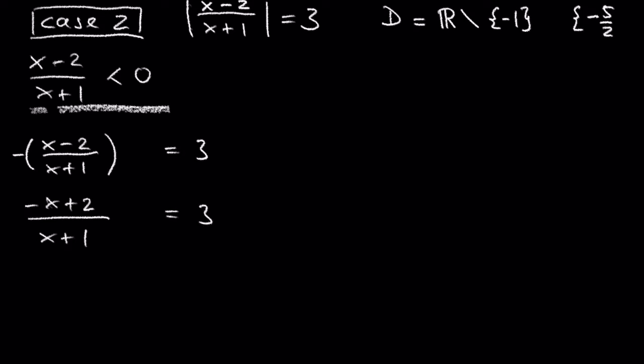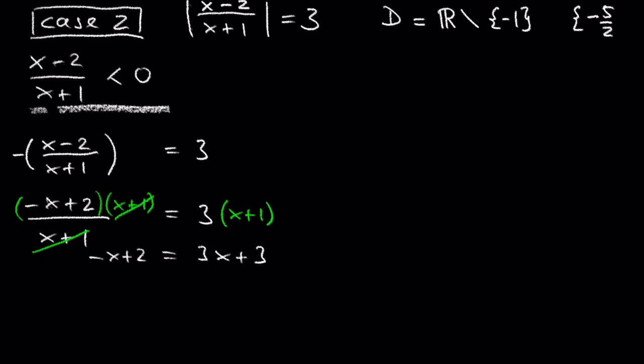To get rid of the denominator, we multiply the equation by x plus 1. After cancelling out x plus 1, we have negative x plus 2 is equal to 3x plus 3.